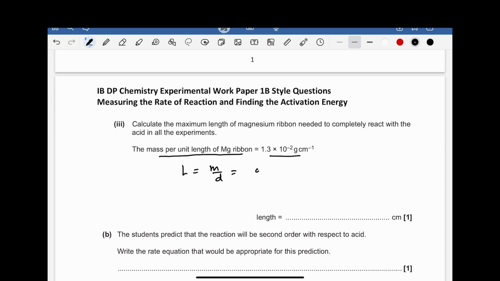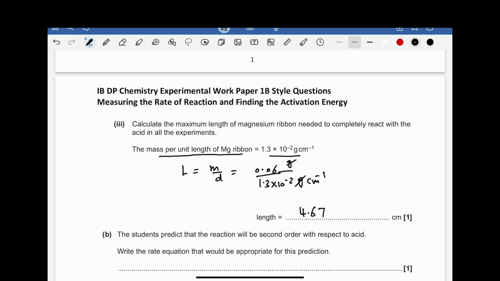Mass we worked out is 0.06 and density is 1.3 times 10 to the power minus 2. If I put the units in, this is gram, this is gram per centimeter, so gram will cancel with gram, and if I solve this, that gives me the length in centimeter.